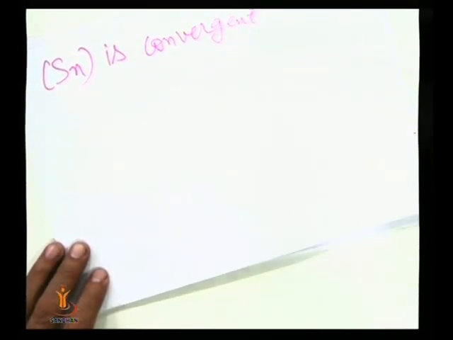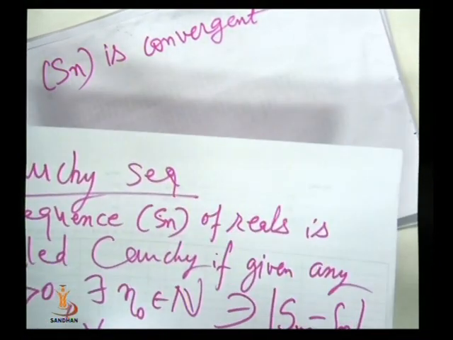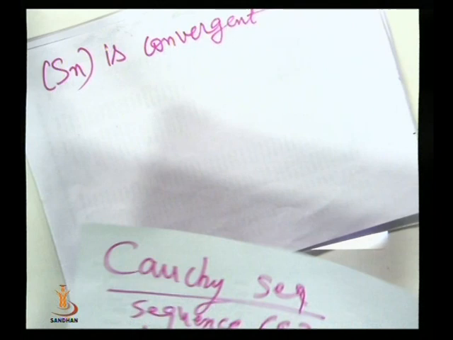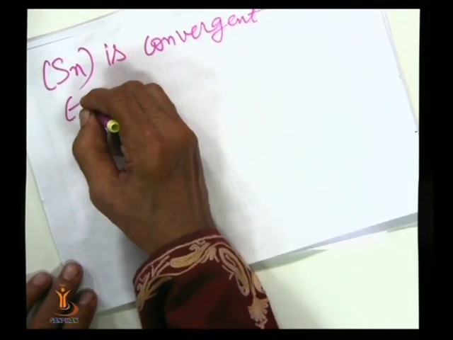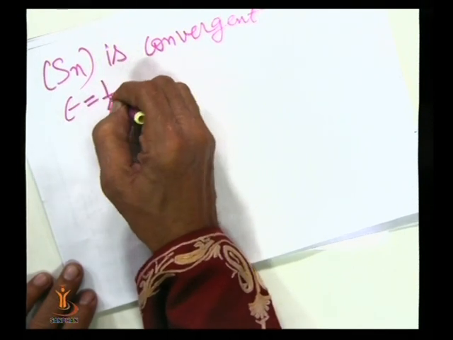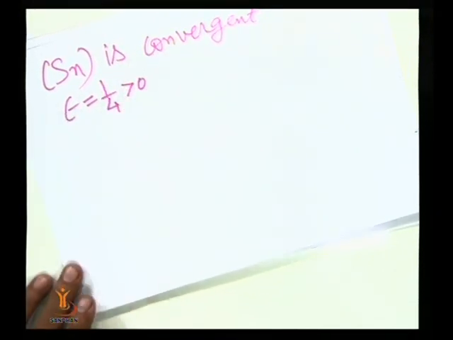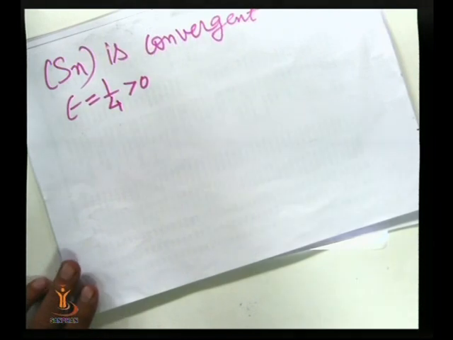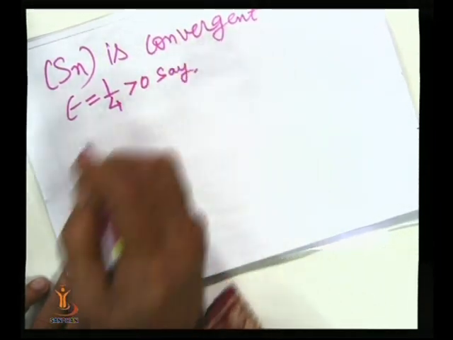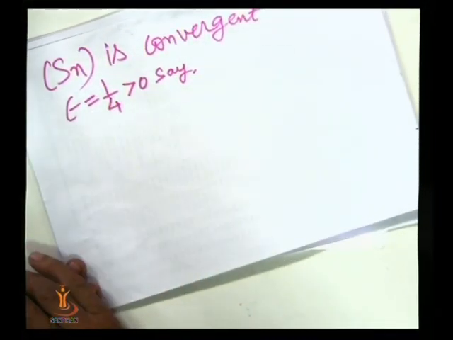Now in that case, since it is convergent, we must have this Cauchy sequence, and the limit as n tends to infinity must be a finite value. So for every epsilon this is true. So let me take epsilon equal to 1 upon 4, greater than 0, say.